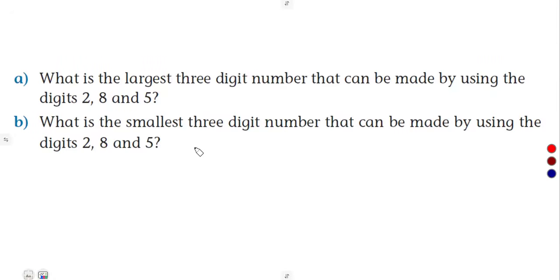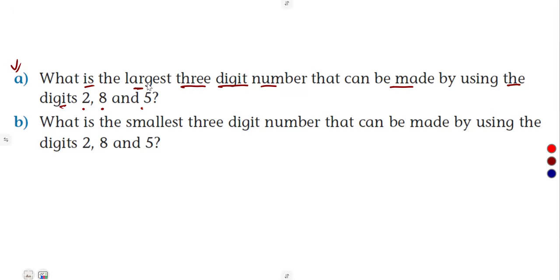So if you check here, we are given a question: A, what is the largest 3-digit number? So we must have 3 digits on that number that can be made by using the digits. We're given the digits 2, 8, 5.